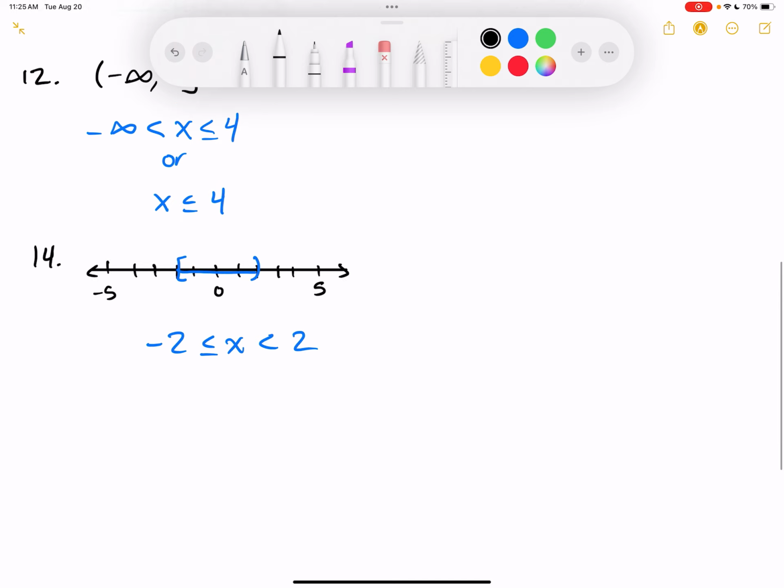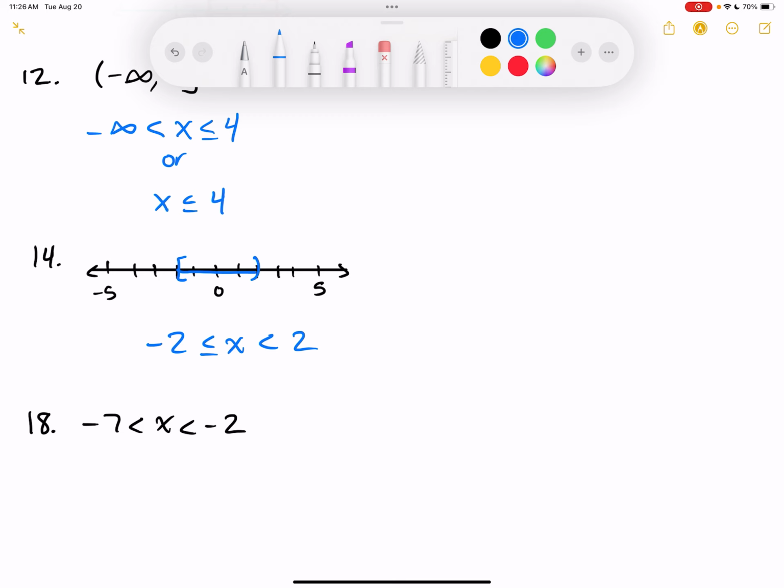Yes. All right. The next one, use interval notation to describe the interval of real numbers. Number 18 says -7 is less than X is less than -2. So if I want to rewrite this as an interval, how would I do that?